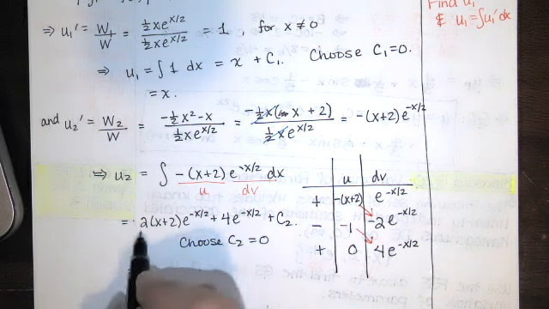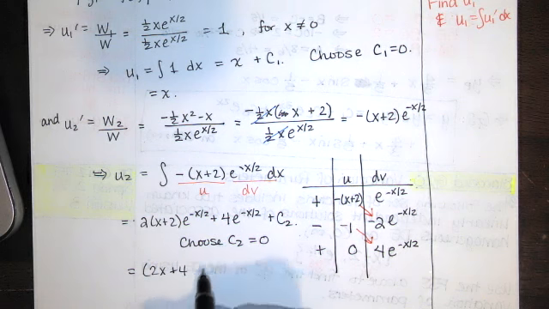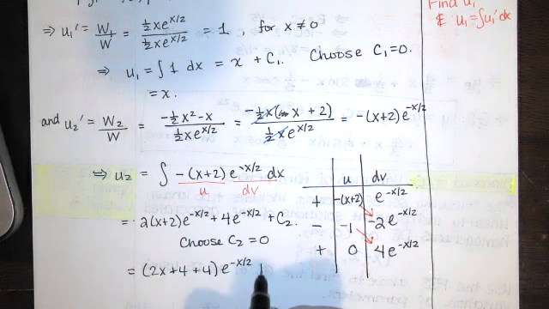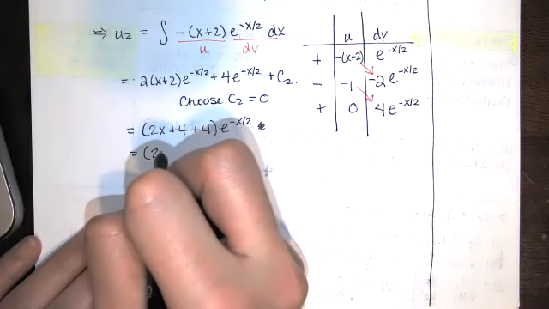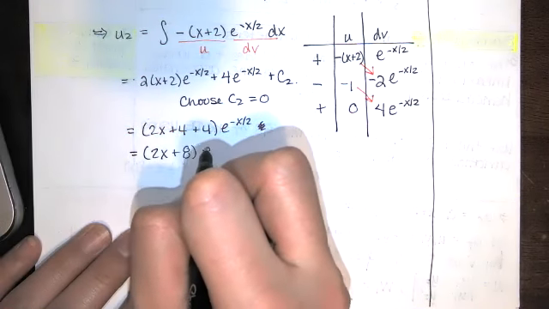And if you want, you can distribute. This is 2 times x, 2 times 2 is 4, times that exponential plus that other 4. And the constant of integration we've already chosen to be 0. So u2 is actually 2x plus 8 times this exponential.